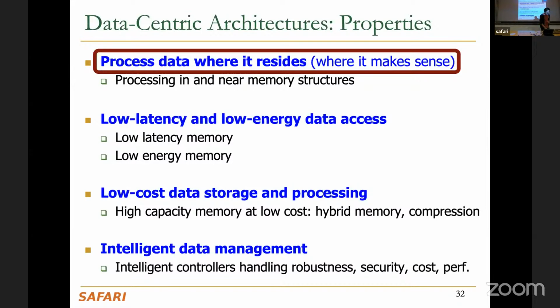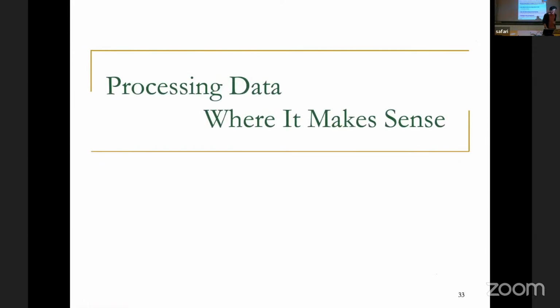You may find different names as well. We are going to talk about processing in memory, and we are going to discuss different categories or classes of processing in memory that we can already find in research, but even in commercial products. So let's start with this part, processing data where it makes sense.